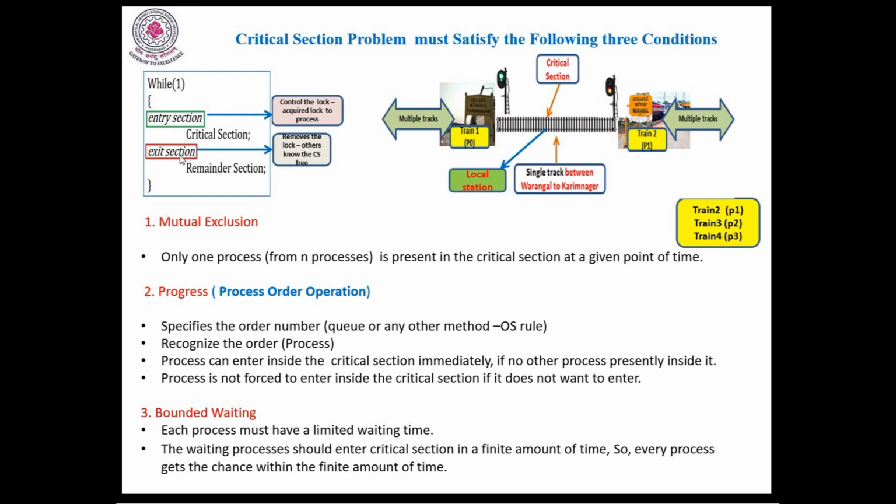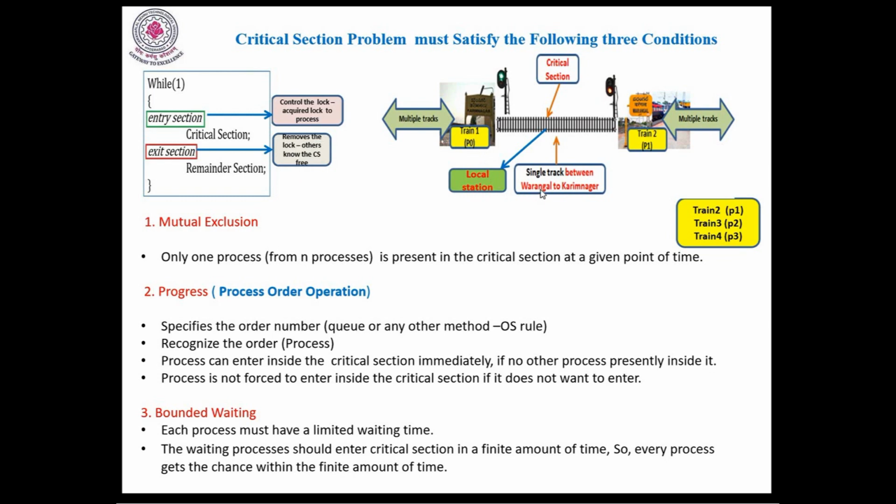The process will exit from the critical section and may be in the remainder section for some other task. This process may repeat. Why it repeats: there may be n number of processes trying to enter into the critical section, so we are keeping it in a while loop statement.